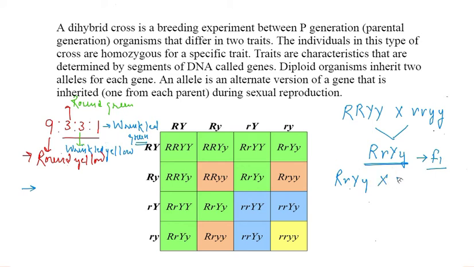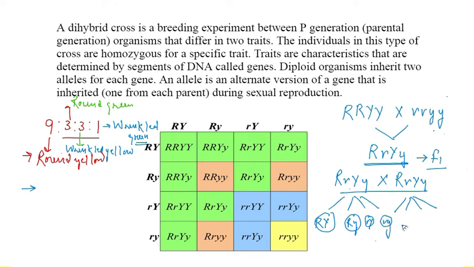So let us self the F1 plants here, right? And here you can form 4 types of gametes, because the formation of the gametes is very important here. Same as for here.